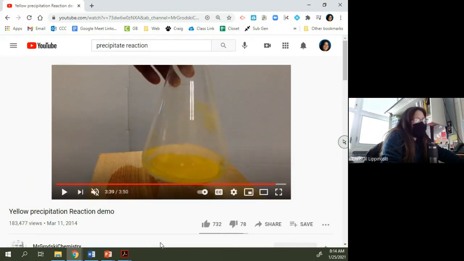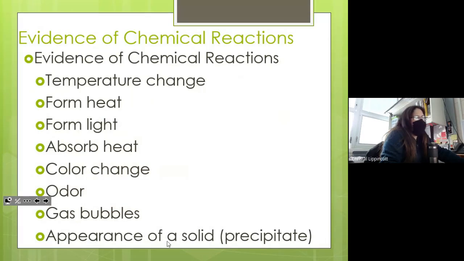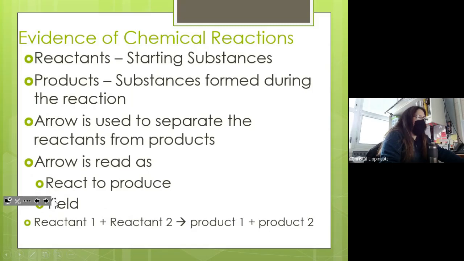Yeah, so here they let it settle and you can see that yellow substance is at the bottom. So that is called a precipitate, and that is a classic example of evidence for a chemical reaction. And we'll actually be using those when we get into the double replacement reactions to determine if a reaction actually occurred or not. Gas bubbles, odor, color change, so all different kinds of things that indicate that a chemical reaction has occurred.